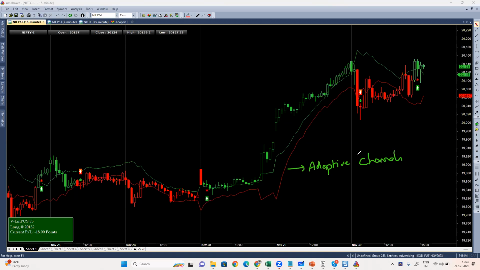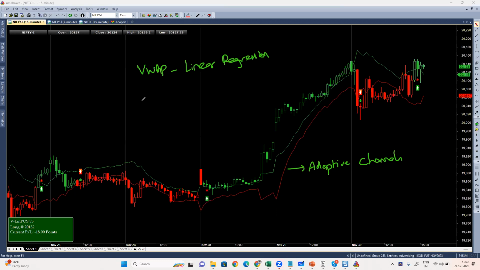Lintra means linear regression based trading strategies. VLintra means VWAP based linear regression. So VWAP based linear regression is what is used in the system. And the channel itself is kind of a multi-time frame channel. I mean, it uses multiple time frames to build this channel, right?